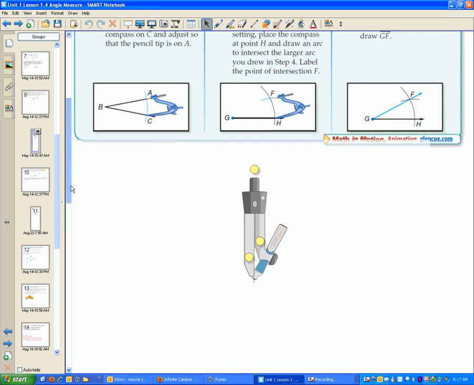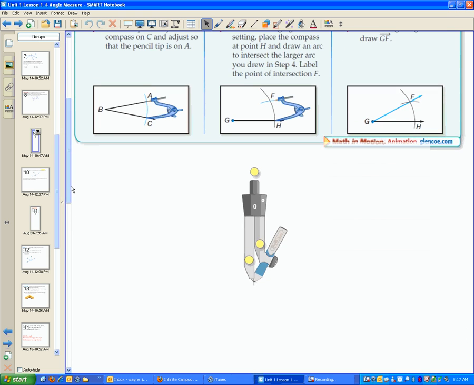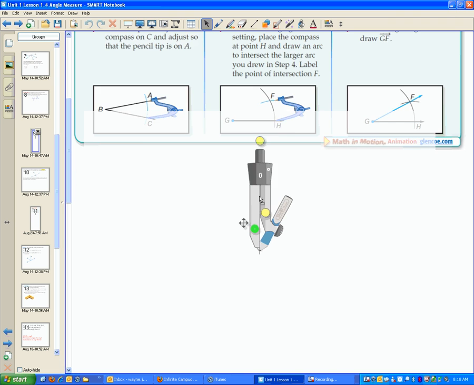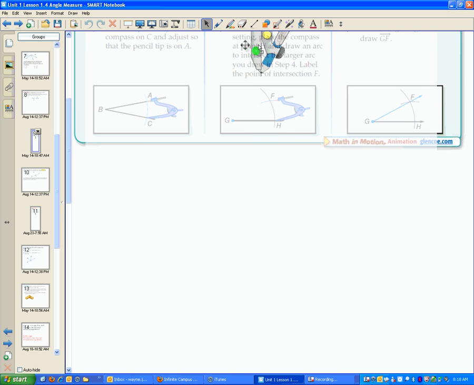You need to have an angle. So, using your straight edge on your paper, let's make an angle. I'm going to make an acute angle because they don't tend to take up quite as much room. So use your straight edge.